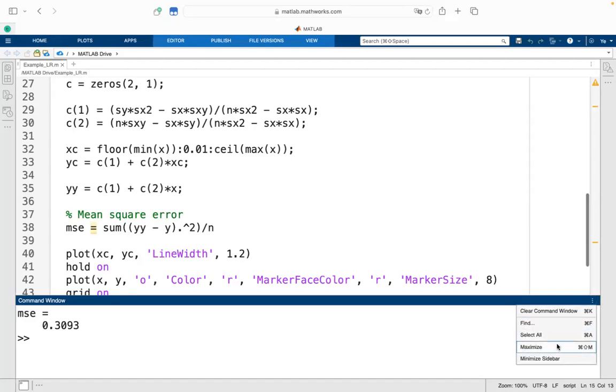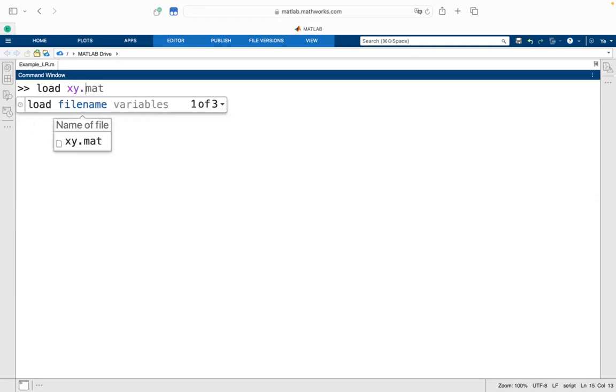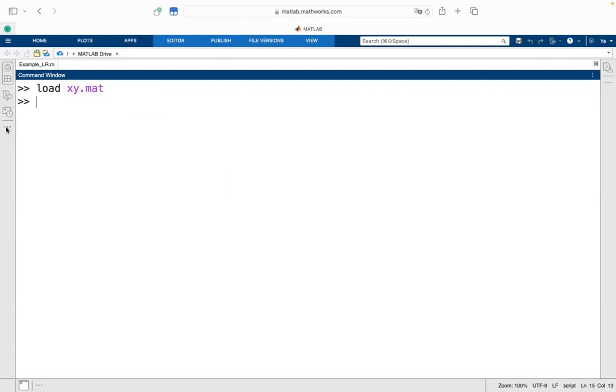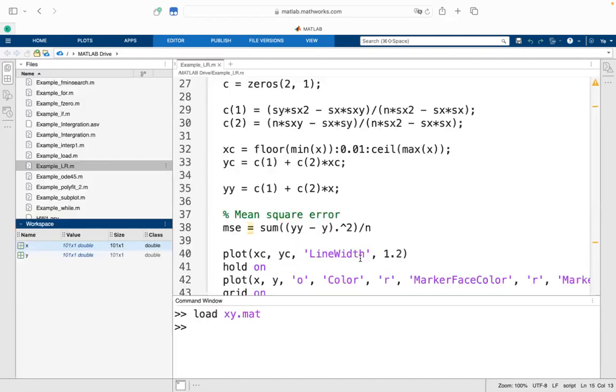Maximize this one. Clear everything first. Okay, so I already uploaded it here. So xy, that. Okay, then show workspace. So you can see x, y. Now there are 101 points of x, y. So this is the reason why I cannot type these numbers in the handout. So just use this file.